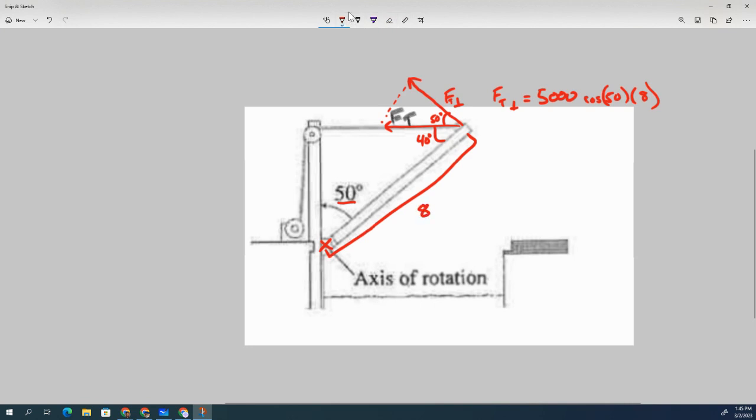So these are some of the values that we've been given. And when I add that 8 meters, that gives us our torque, because I've got my perpendicular force times my radius. That gives me my torque.